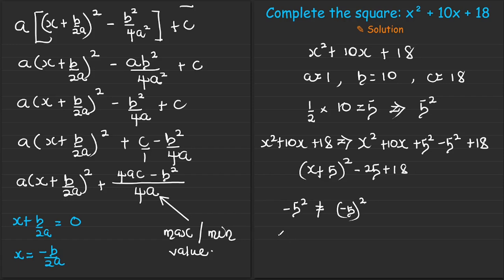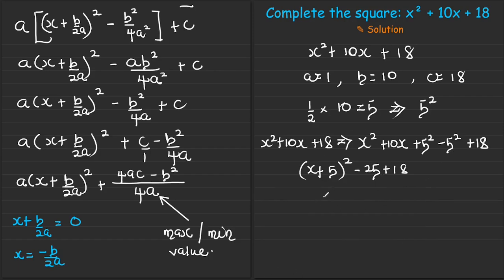This one here is actually negative of 5 times 5, but this one here is negative 5 times negative 5. This is what we are doing over here, and not this one, so don't get confused and say negative 5 squared also gives us 25. No. Please take note of this mistake and try to avoid it.